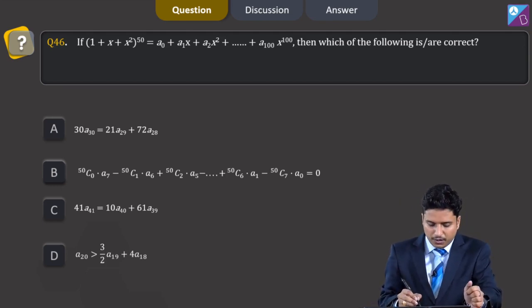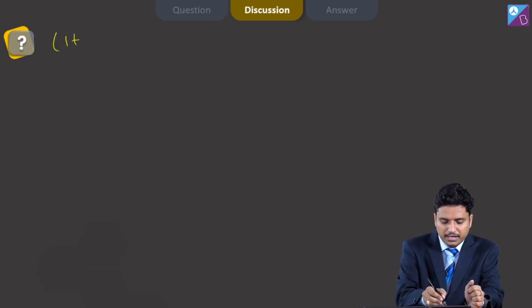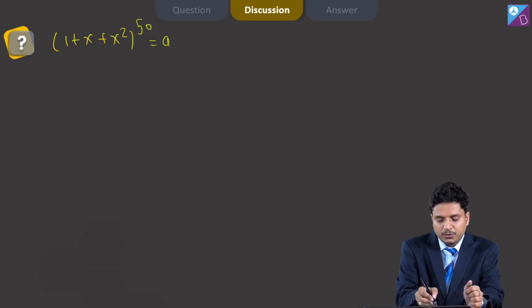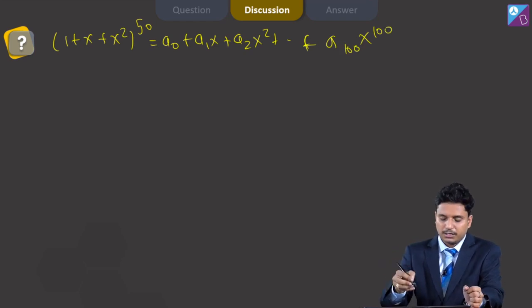So first of all, what we can observe, (1 plus x square) raised to power 50 is equal to a naught plus a1x plus a2x square up to a100x raised to power 100. This should be all the terms.